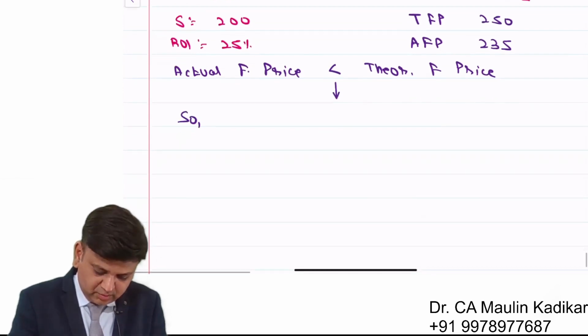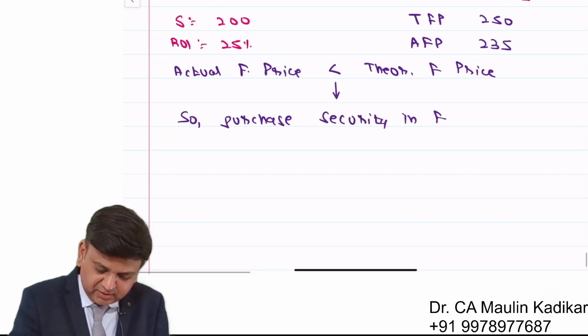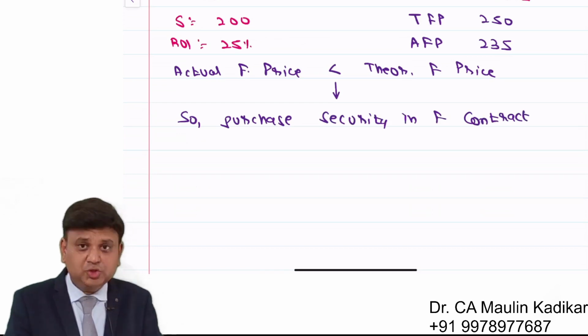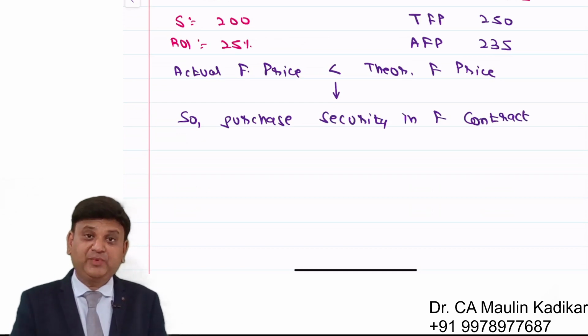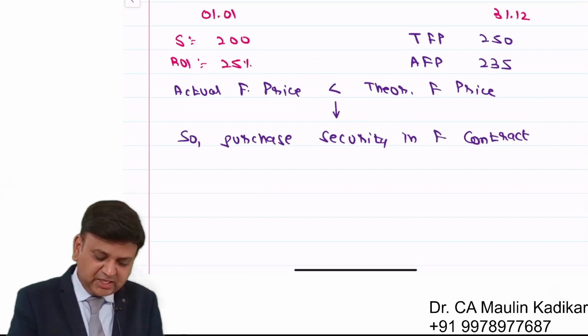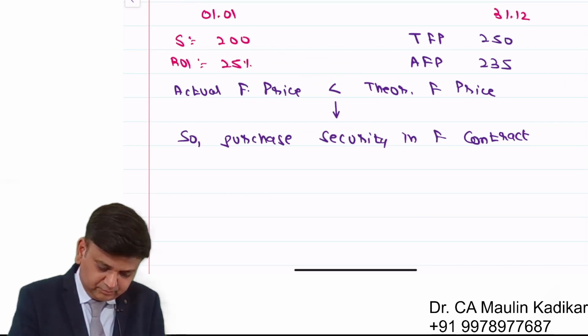So purchase security in F contract, in a way that the security is undervalued, so we should enter into the transaction of purchase. Why? Because the price is less, so it is undervalued, so we are required to buy.